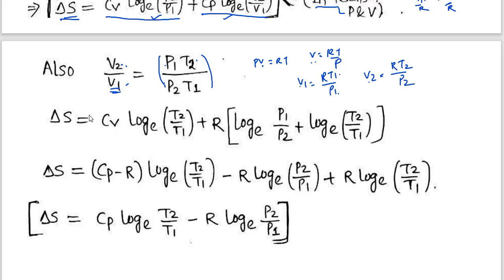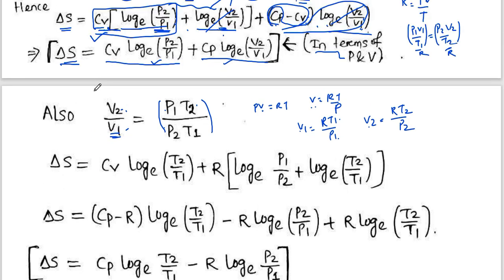So what will be the result? If we put this in place of V2 by V1, look at this line: Cp log T2 by T1 plus R log P1 by P2 plus R log T2 by T1. Then put Cv equal to Cp minus R, minus R log P2 by P1 plus R log T2 by T1.